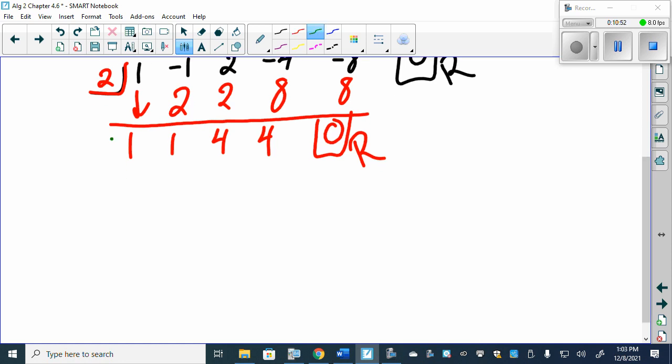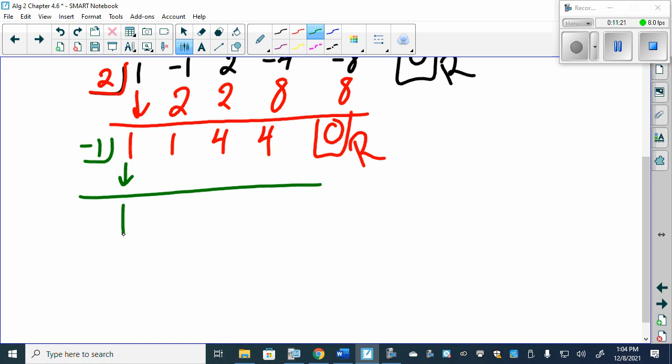Now we definitely need to do this one more time because we're only at a degree 3. We need it down to a degree 2. So what other number can we try? -1. As we looked at the graph, -1, did it actually cross at that point? Well, no. So that means it has an even multiplicity.